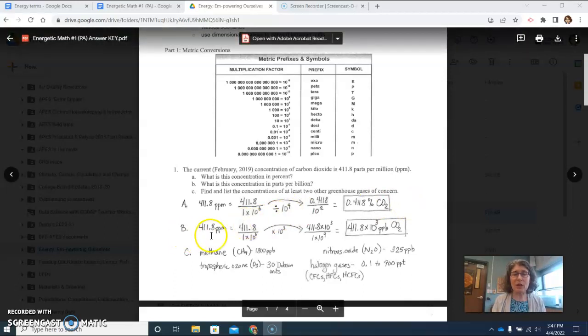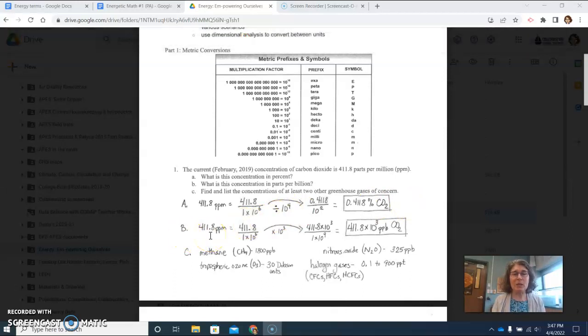If I am expressing 411.8 ppm, and in question part B, it asks for that concentration in parts per billion, I can do that same job here. So again, we're starting off with 411.8 parts per million. So that's why it's over 1 times 10 to the 6th, or 1 million. If I express that in parts per billion, it's going to be a greater concentration. So I'm going to multiply this by 10 to the 3rd.